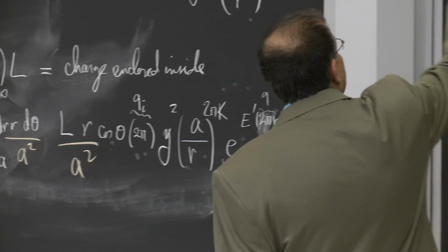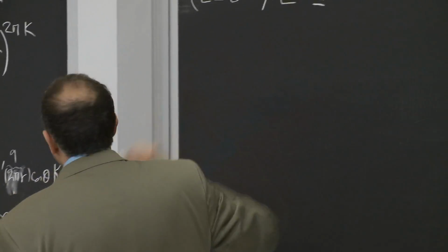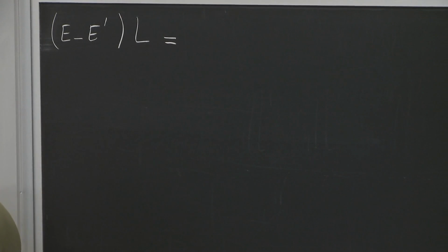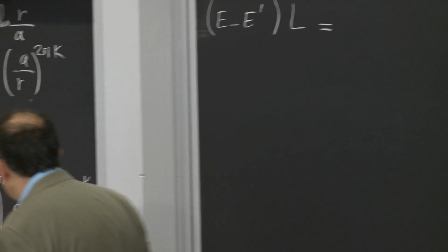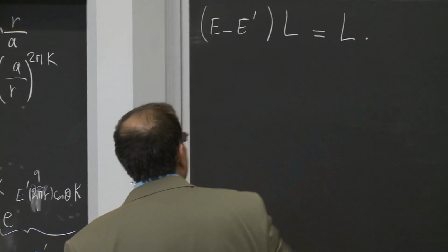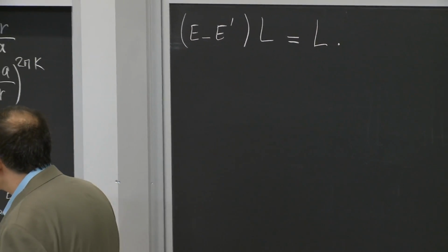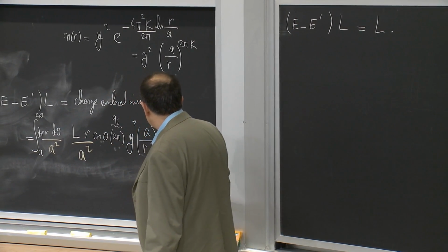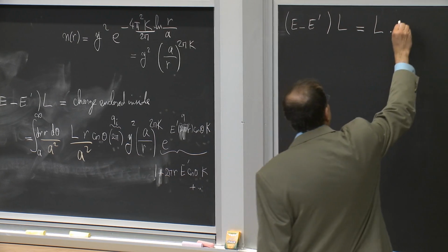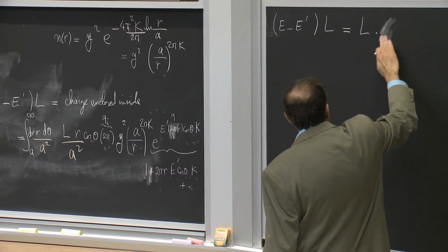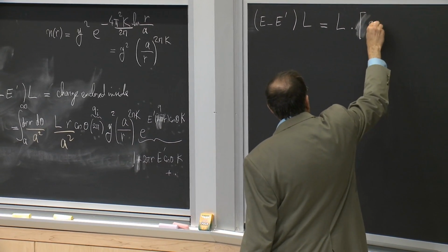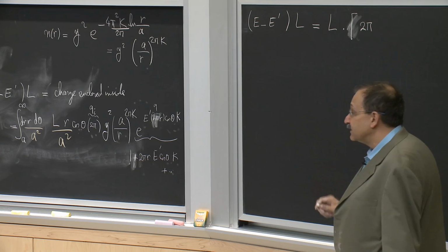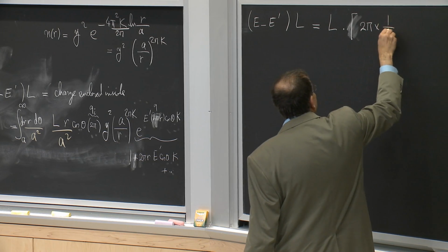And so what you will get is that E minus E prime times L, there's going to be the factor of L. The integral d theta cosine of theta squared is going to give you 2 pi, which is the integration, times 1/2.